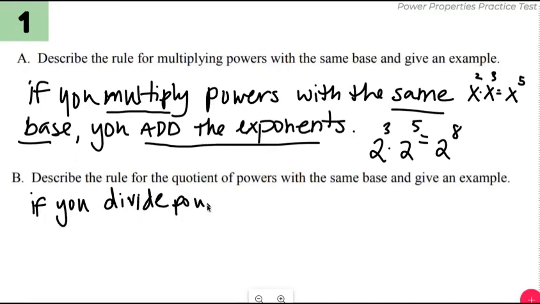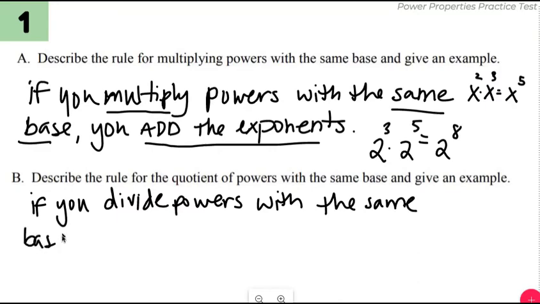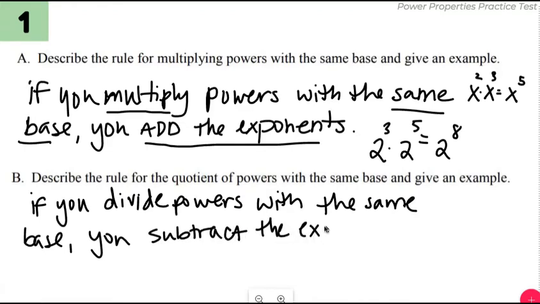If you divide powers with the same base, you subtract the exponents.